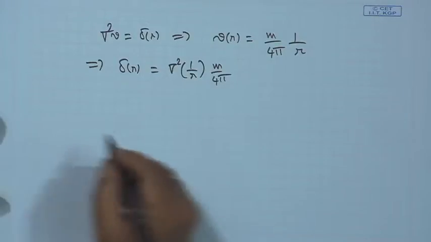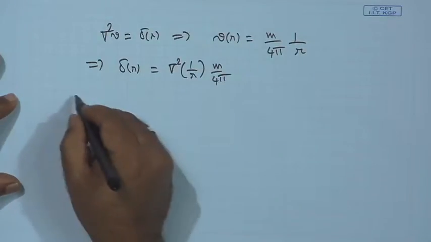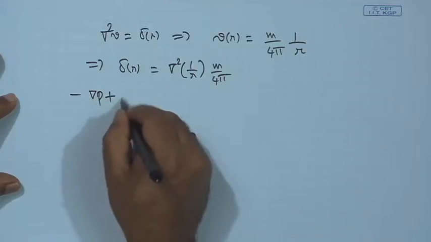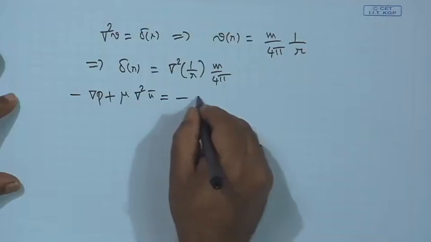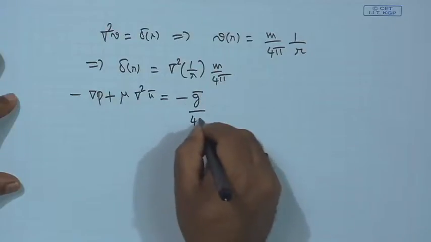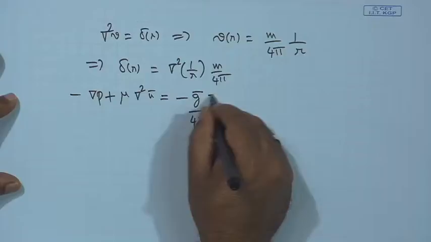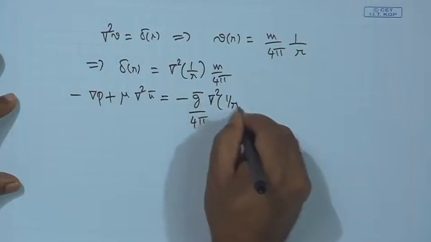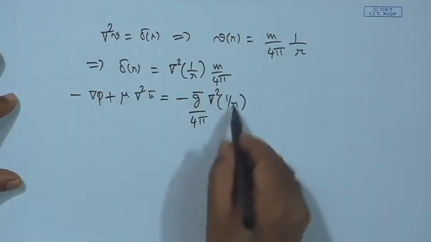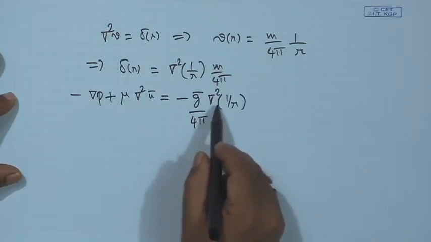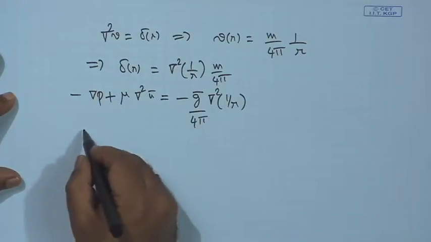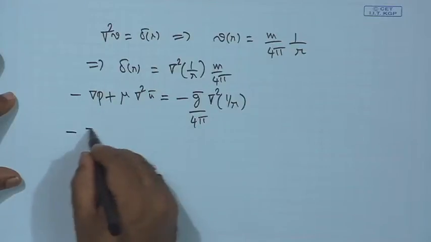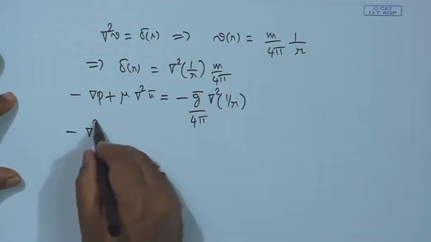Okay. So, once we have the Stokes equation, so this is, let us say, minus g bar by 4 pi del square 1 by r, because what I have done is replace the delta function by the corresponding relation. That is what we have done. Okay. Then we know that, so let us take the divergence of that.